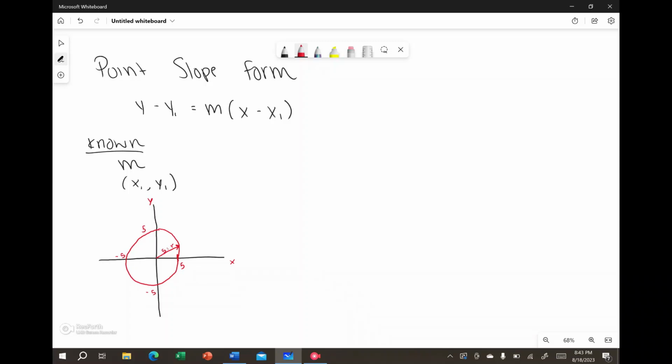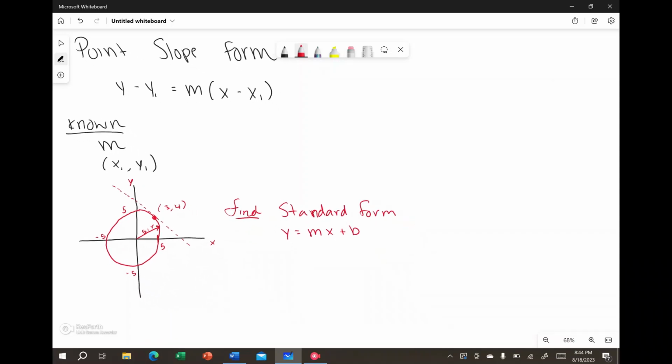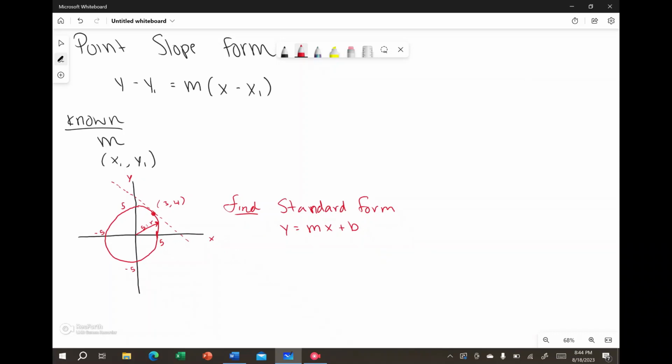Let me model this up, where we have a radius of 5, and at this point (3, 4), we're going to have the line tangent to the circle. Let's start with the information that we are given. In the problem statement, we're told that the origin is (0, 0). We have another point, (3, 4). First of all, let's see what we're trying to find, and that's the standard form of the equation.